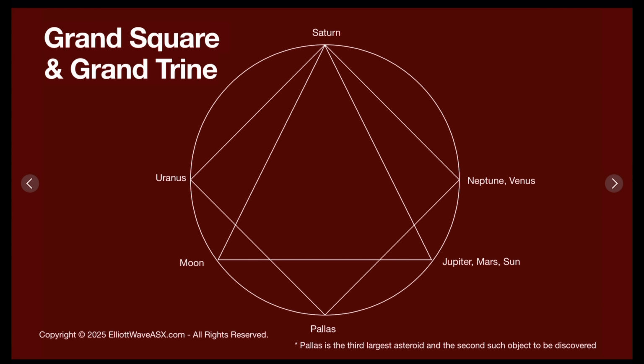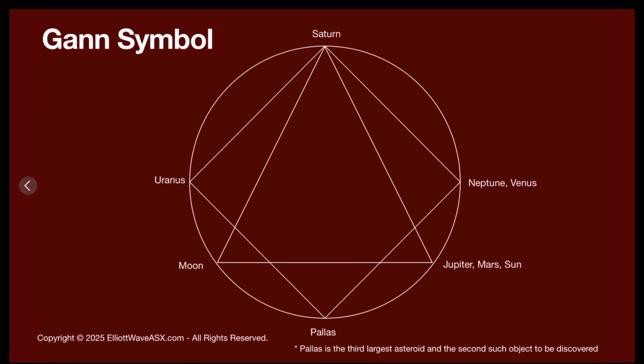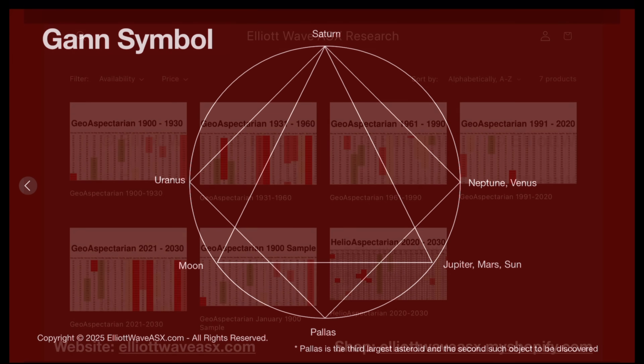Now their logo was actually rotated 90 degrees, where Saturn would be in this position, but on this particular date Saturn was about Aries 9 degrees, so that was just off the top, in fact probably around here, so that's why I've drawn it this way round. This pattern therefore is also known as the Gann symbol.